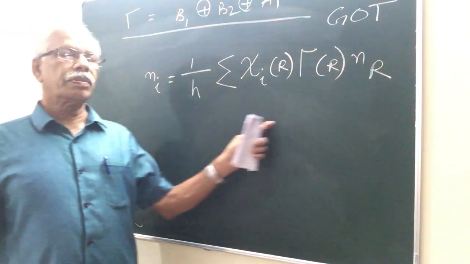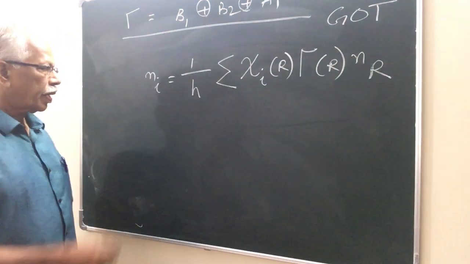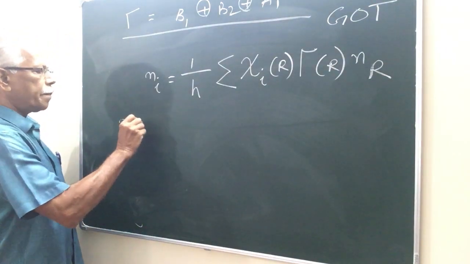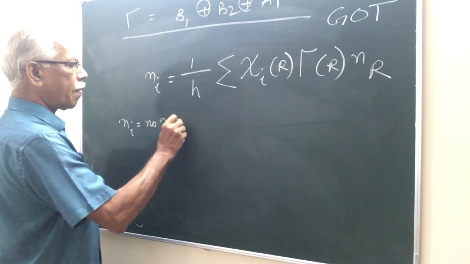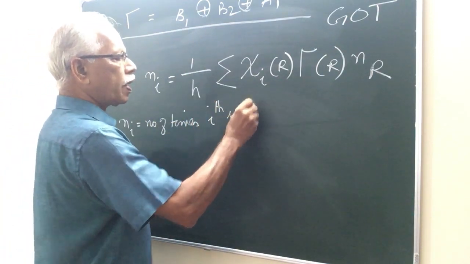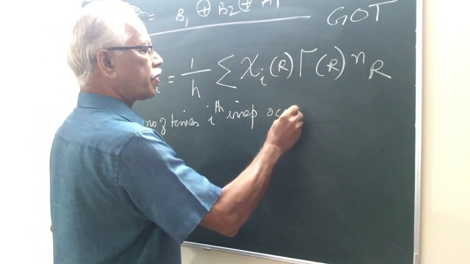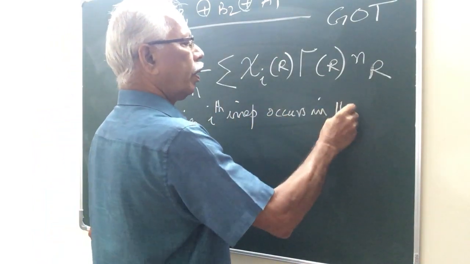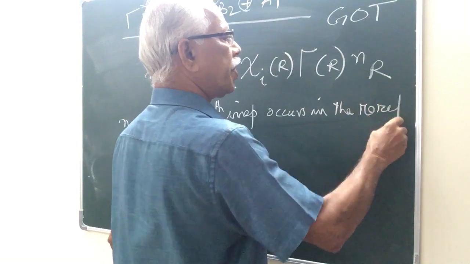What do these notations mean? Ni means the number of times the ith irreducible representation occurs in the reducible representation.